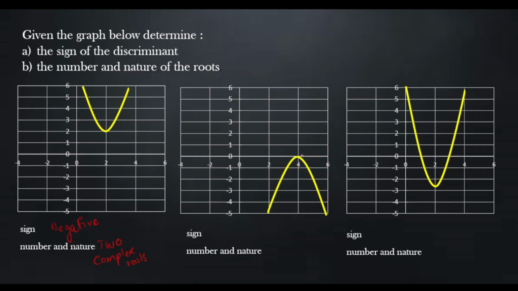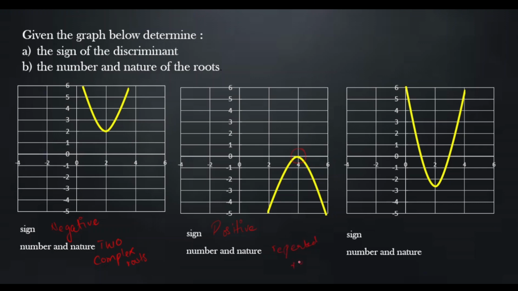Now in the second graph, the parabola is touching the x-axis at a single point. That means its discriminant is zero, and it will have repeated roots.